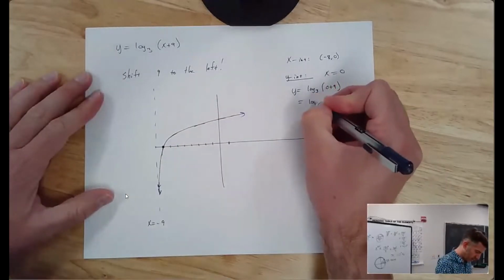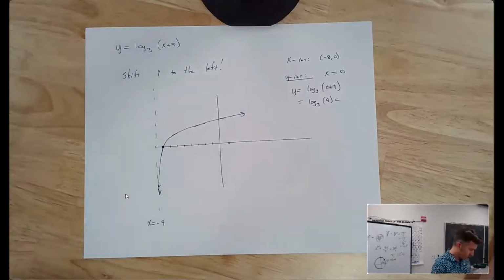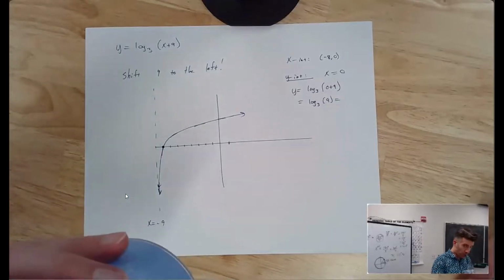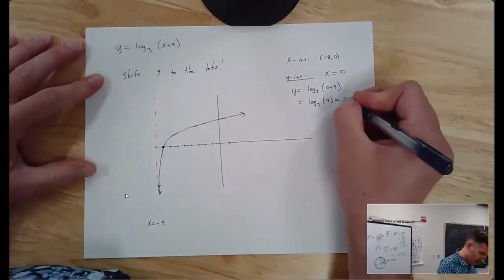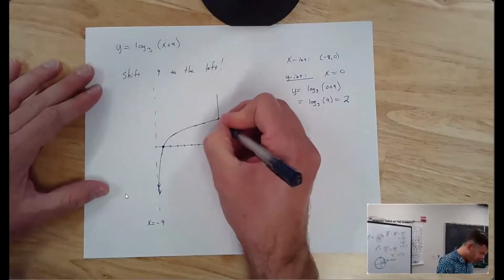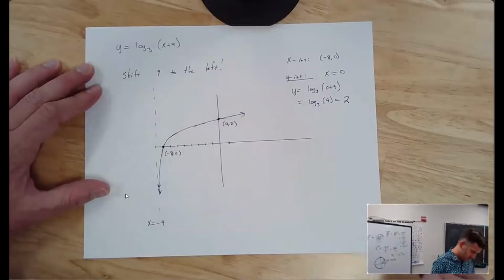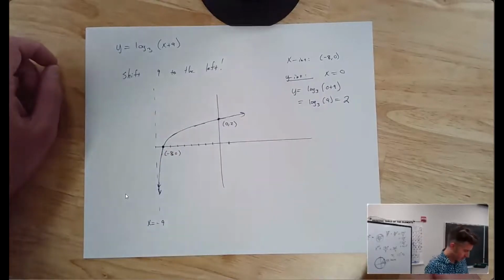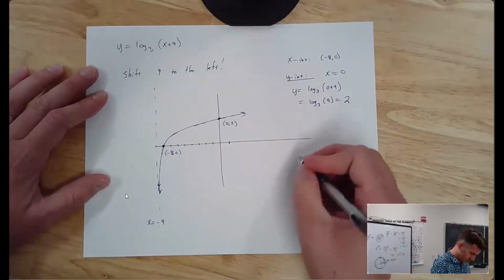That's just log base 3 of 9, which is how many? It's not 3, it's 2. Exactly. So that's our y-intercept. And that's kind of the whole story. Vertical asymptote is x equal to negative 9.